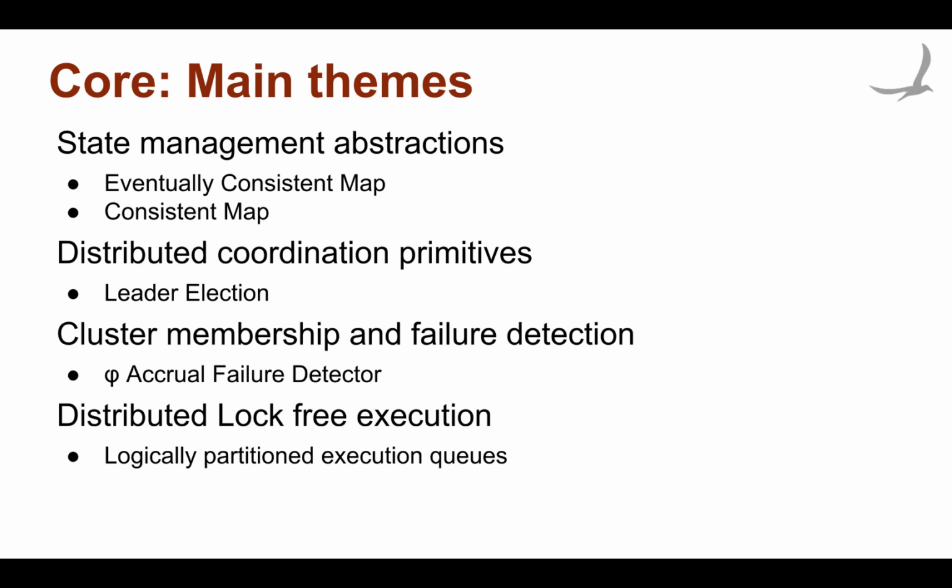So every instance will have a copy, and locally you get a notification when a new intent is added to the system. That intent maps to a logical work queue, and a given work queue is owned by one partition at any given point of time. So basically they have a lock on it. Then you check whether this intent maps to a partition that you are the owner for, and if you are, you get to work on it.